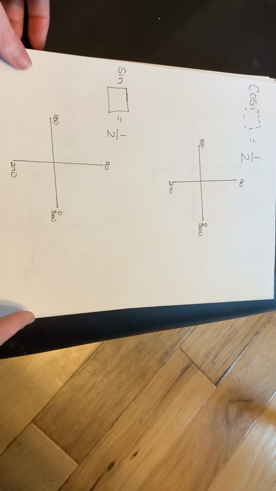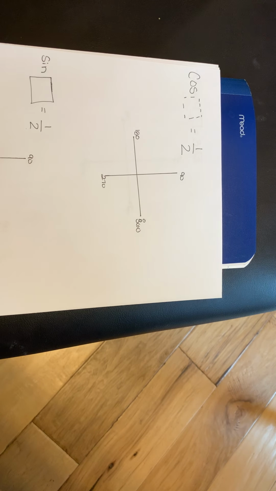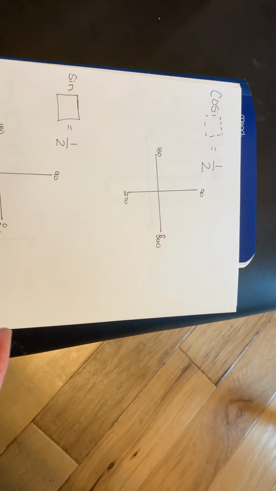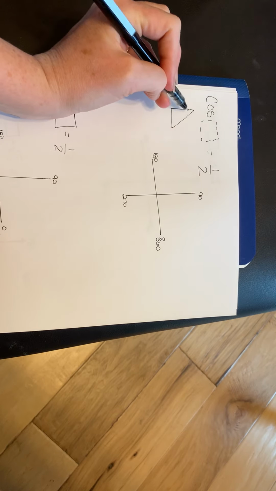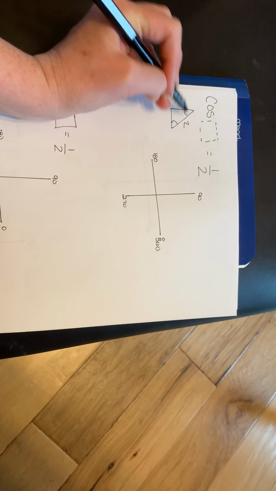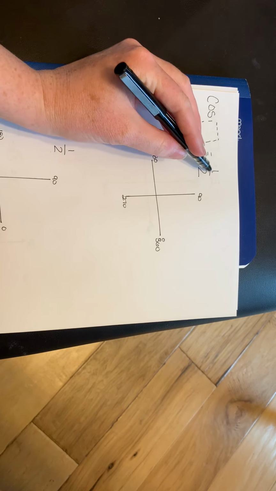Let's do some examples. All right, the first one, it tells us the cosine of what equals 1/2. All right, so right away, I know that I'm dealing with a 30, 60, 90 triangle because I have a 2 and I have a 1.